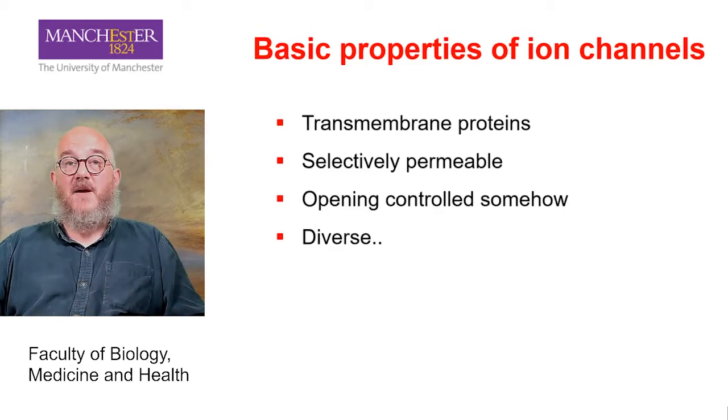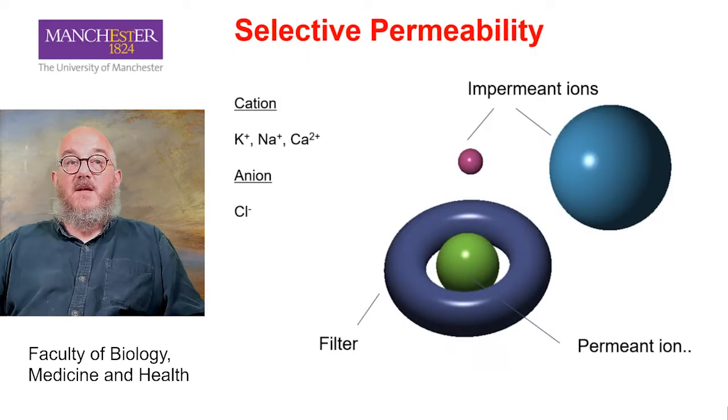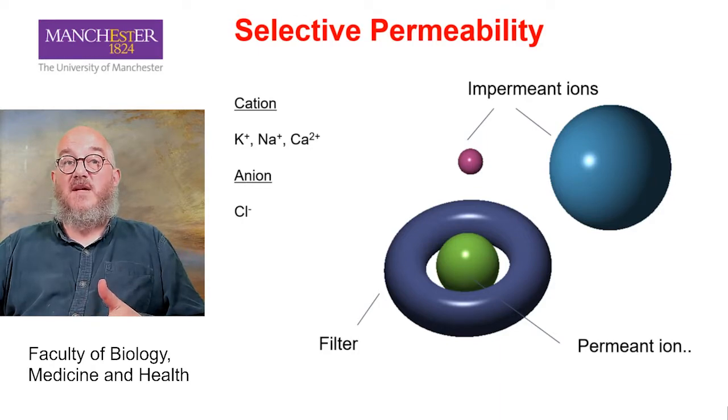So let's have a think about selective permeability. There are 4 physiologically important ions that can pass through ion channels: sodium, potassium, calcium, and chloride. Now, ion channels all incorporate a structure called a selectivity filter.